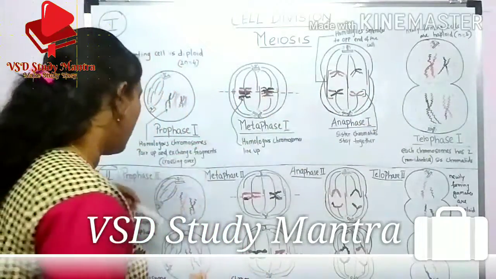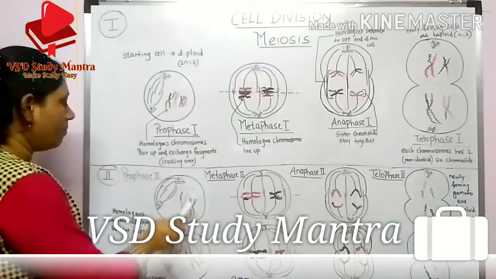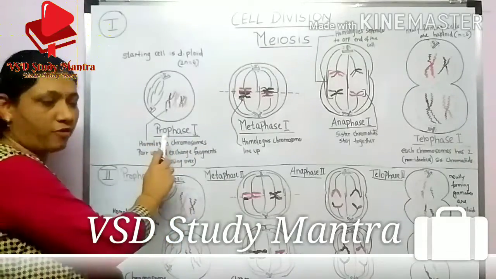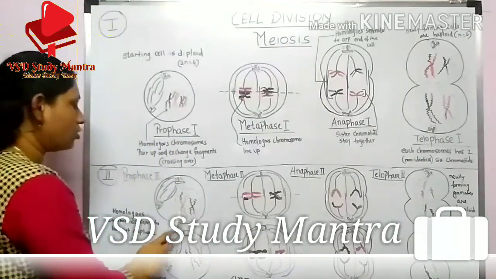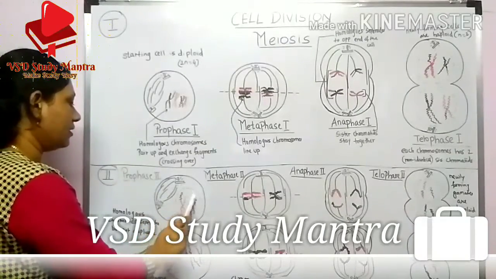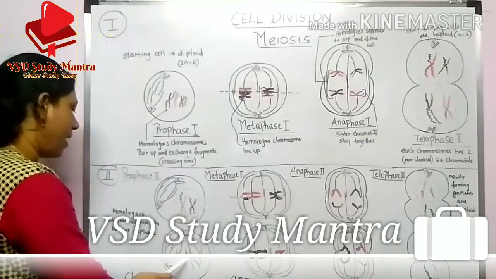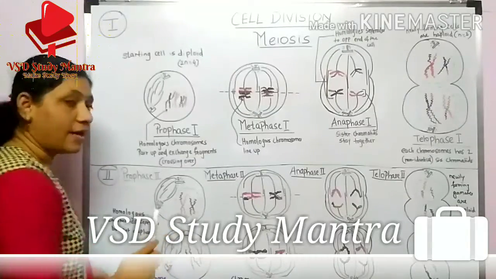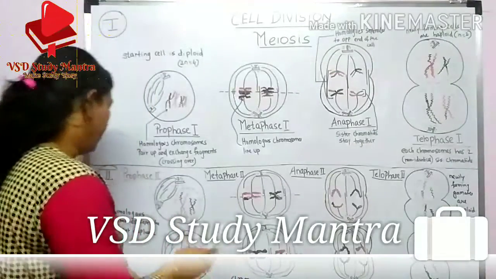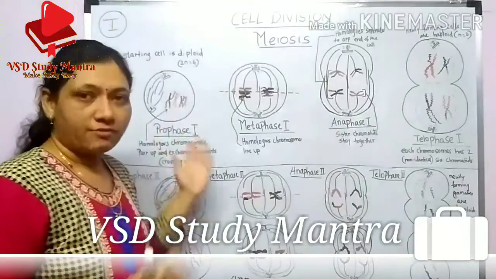Then in prophase 2, the same process as prophase 1 happens. The homologous chromatids separate but they do not duplicate, and the chromosomes condense just like in prophase 1.